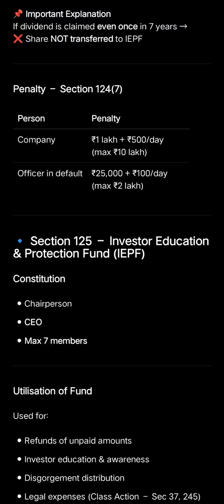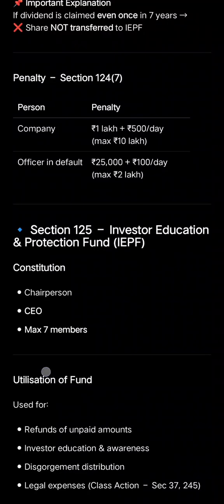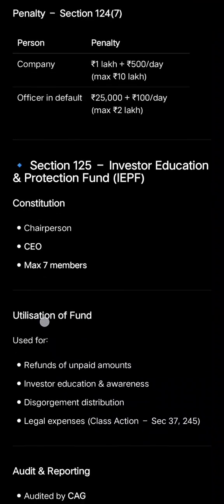If the dividend is claimed, then they are not transferred to IEPF. The penalty for the company is 1 lakh minimum plus 500 per day if it is still continuing, and maximum 10 lakh. Officer in default: 25,000 minimum, 100 per day, maximum 2 lakh.